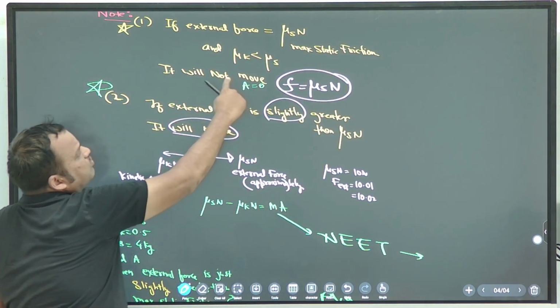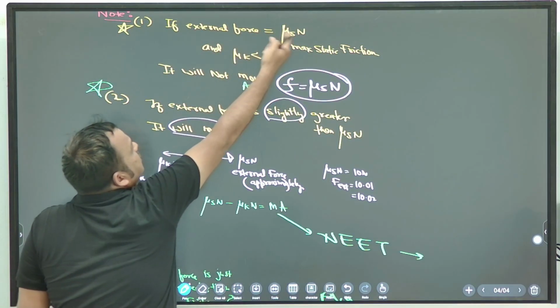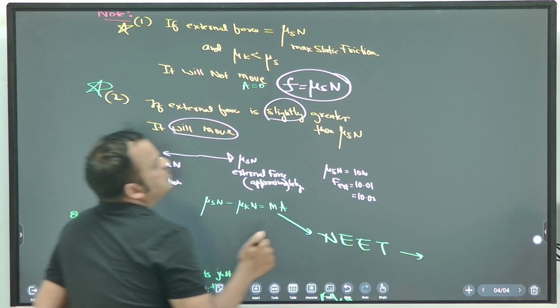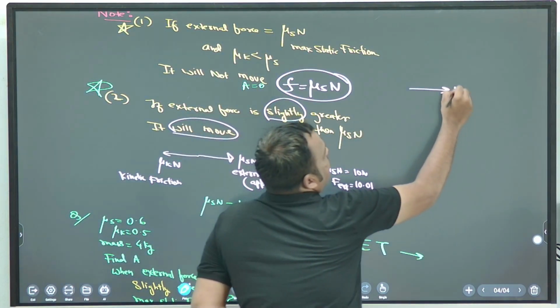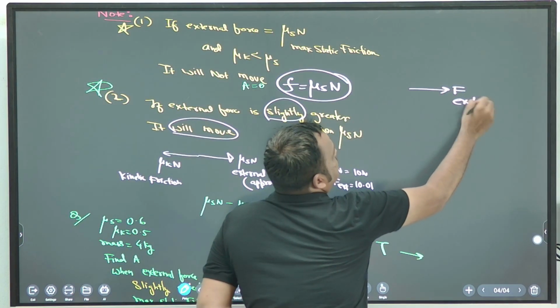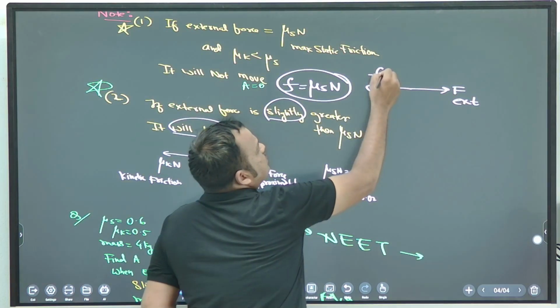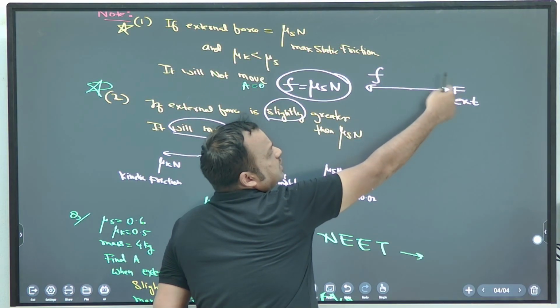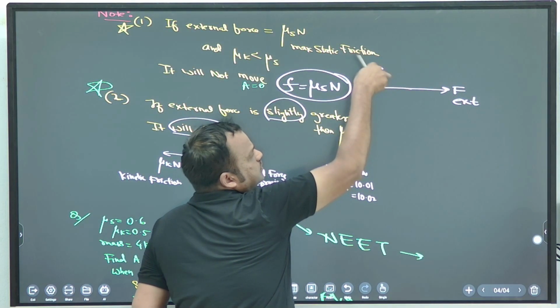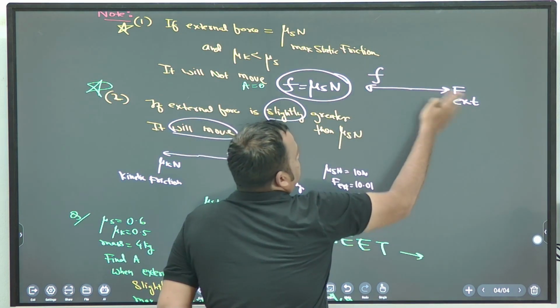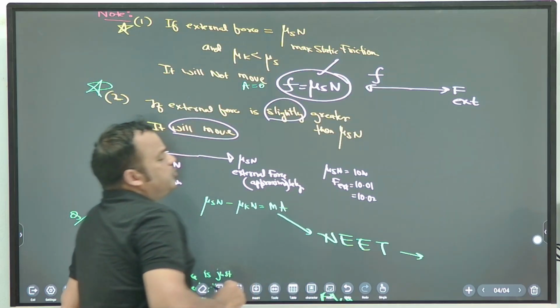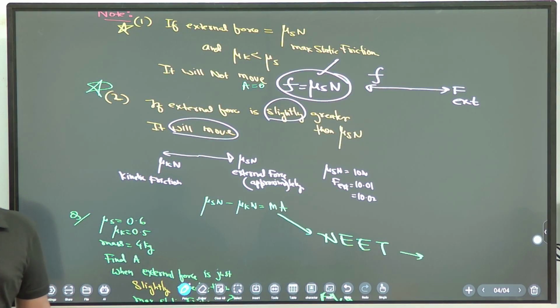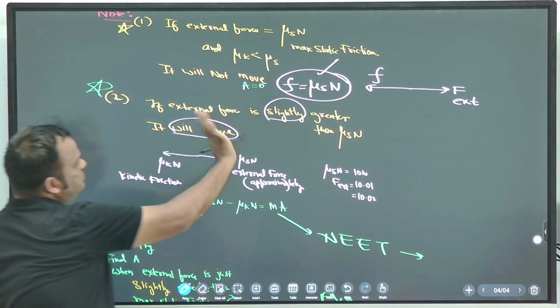When block is not moving, external force is mu Sn. It means both are balanced, external force capital F and friction force small f. Both are equal to mu Sn. Correct?